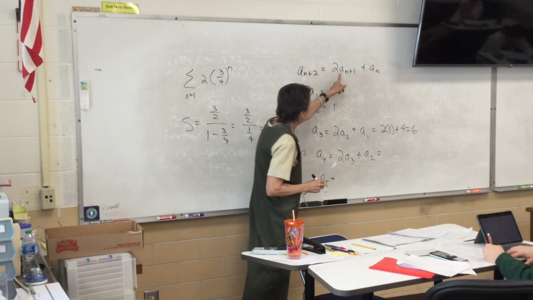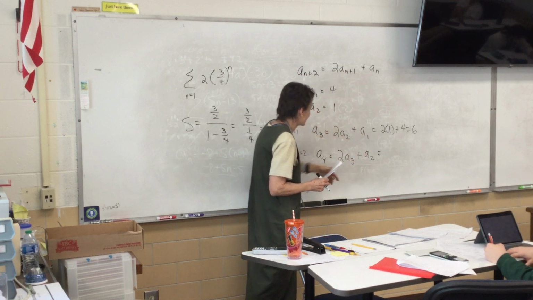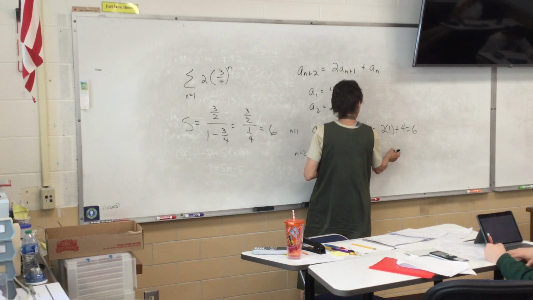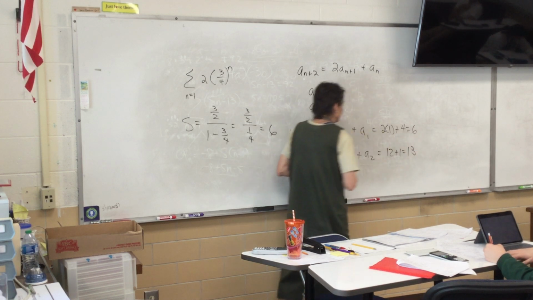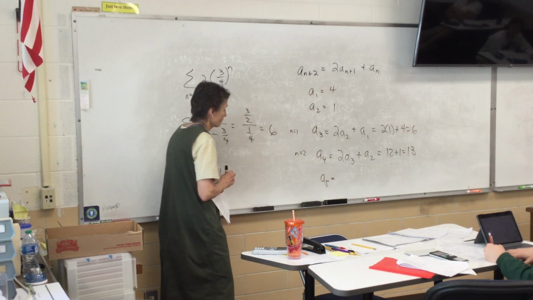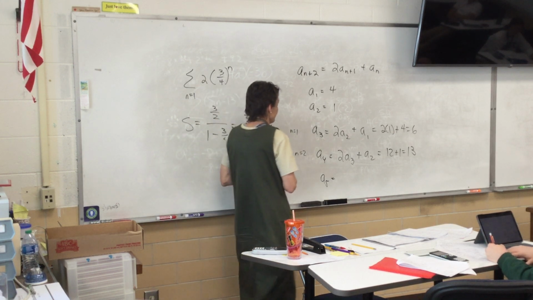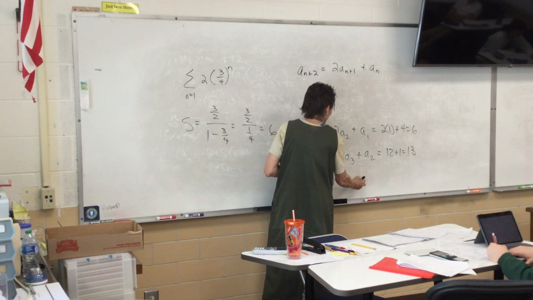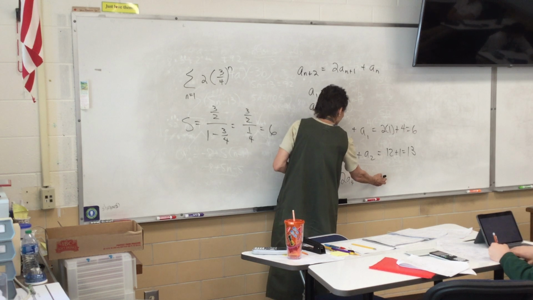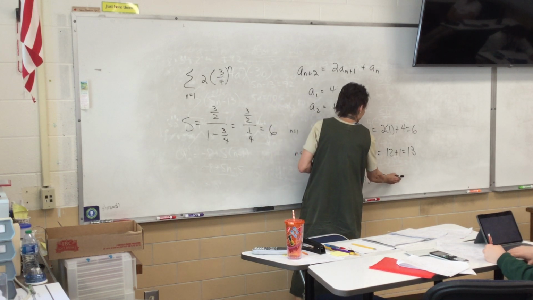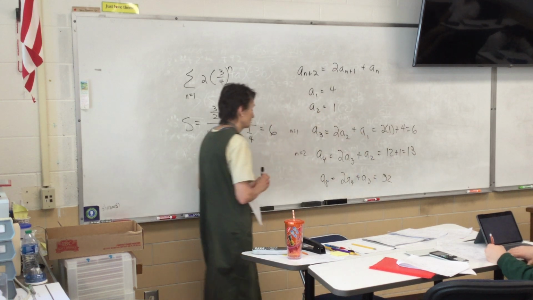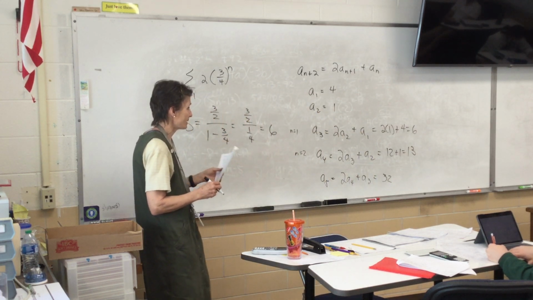Yeah, so it'll be 12 plus 1, 13. And finally, the fifth term will be 2 times the fourth term plus the third term, which is 26 plus 6, 32.